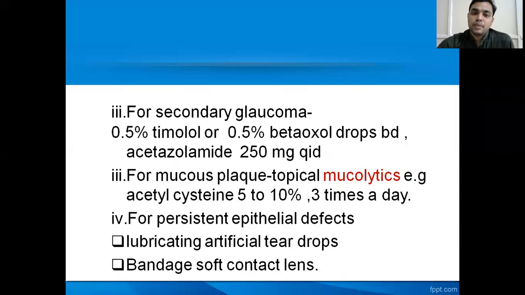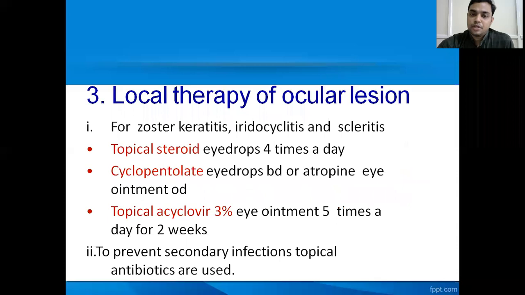So this is about the medical treatment of herpes zoster ophthalmicus. Basically, it is a viral infection, so we start with the systemic antivirals, and skin lesions are treated with steroids and antibiotic ointment. Topical ocular medication is given as topical steroids, topical mydriatics, topical antiviral eye ointments, and topical antibiotics to prevent secondary infection.